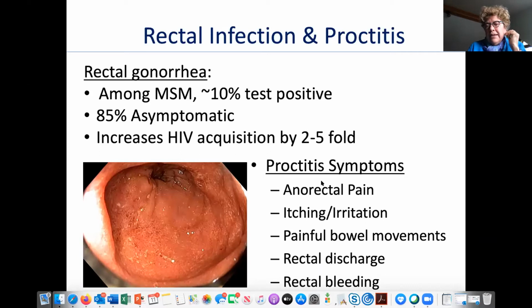When symptomatic, it's a classic proctitis with lower rectal symptoms with pain, tenesmus, itching or irritation, pain with bowel movements, sometimes discharge or bleeding. If you do anoscopy, you'll see the friability, sometimes cobblestoning, sometimes purulent discharge, but in 85% of cases, it's asymptomatic.